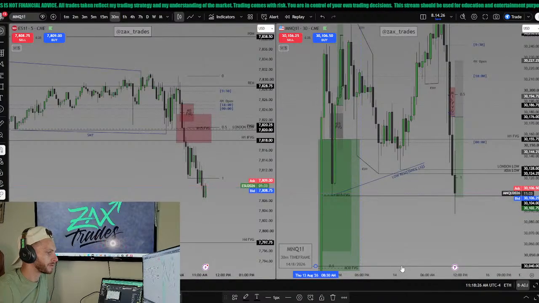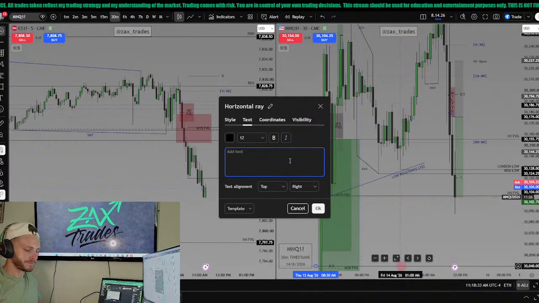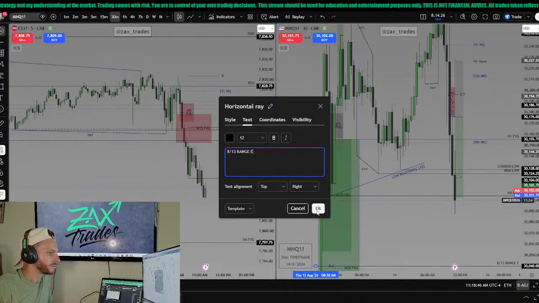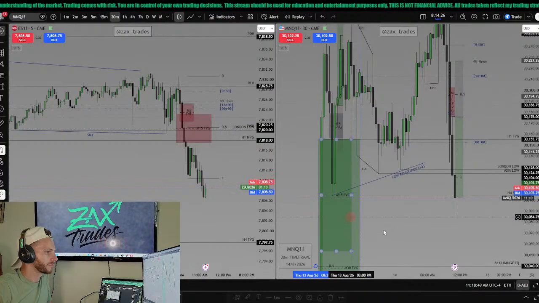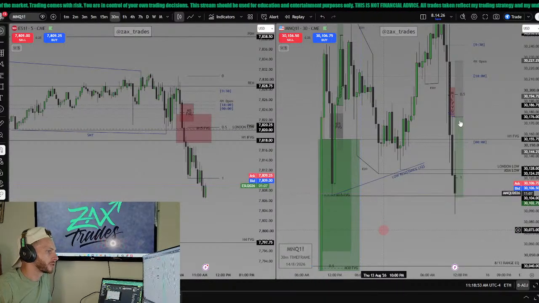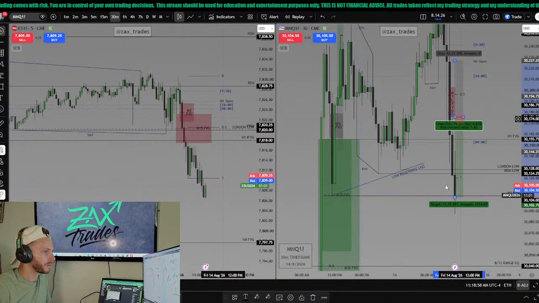Let me write this real quick. Yesterday was 813, 813 range EQ. All right, I'm going to get rid of this on my chart since we did not get entry for that, unfortunately.